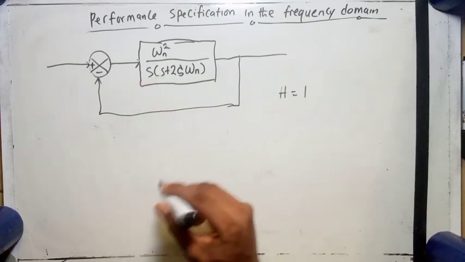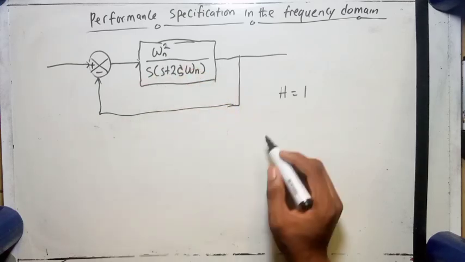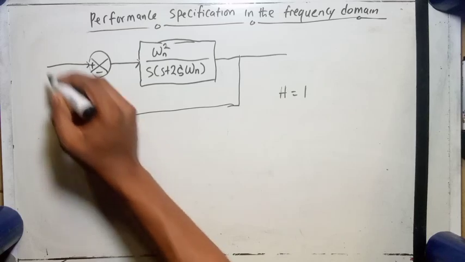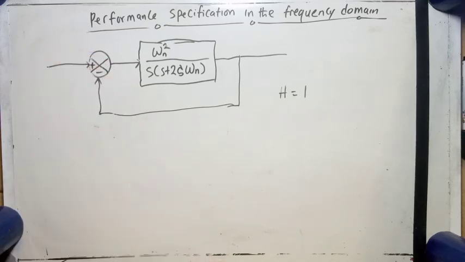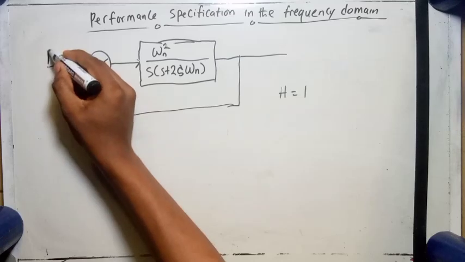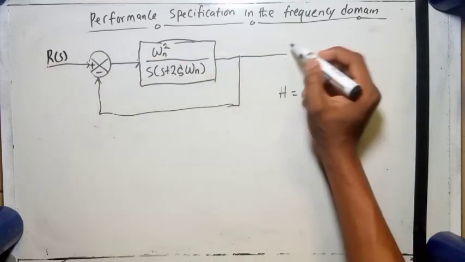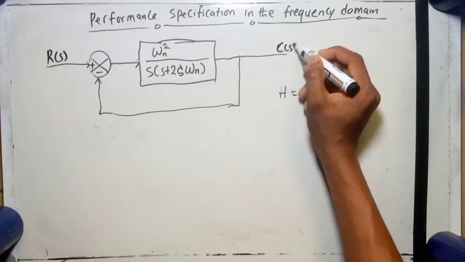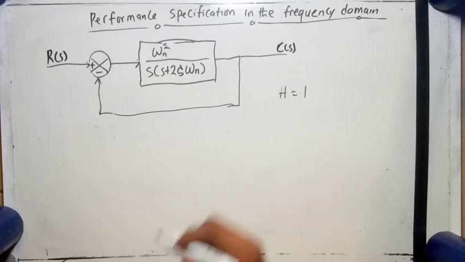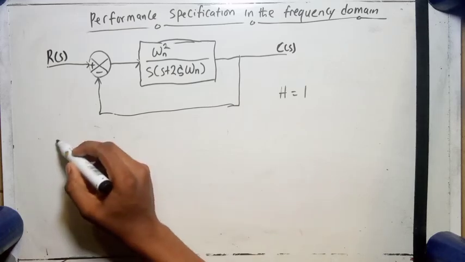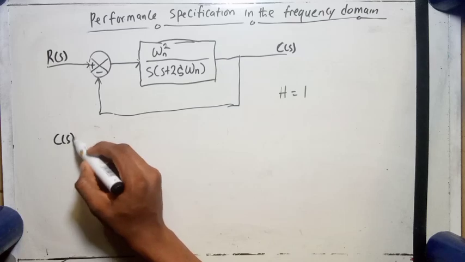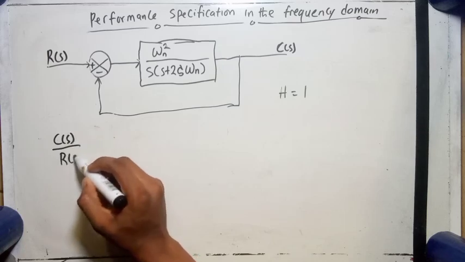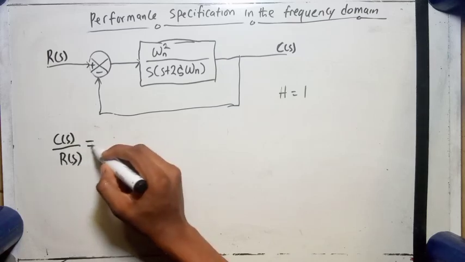if we were to find the closed loop function, let's say here is our input and here is our output, and we are asked to find this closed loop transfer function. We normally call this the gain.